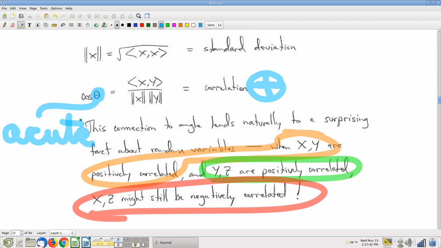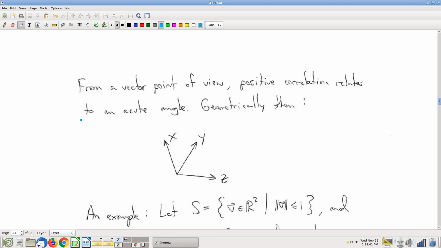So now forget about pebbles. Let's just think about geometry. If you have two vectors with an acute angle between them, and then the second one has an acute angle to a third vector, do the first and the third vector have to have an acute angle between them? Well, no, of course not. That's ridiculous.